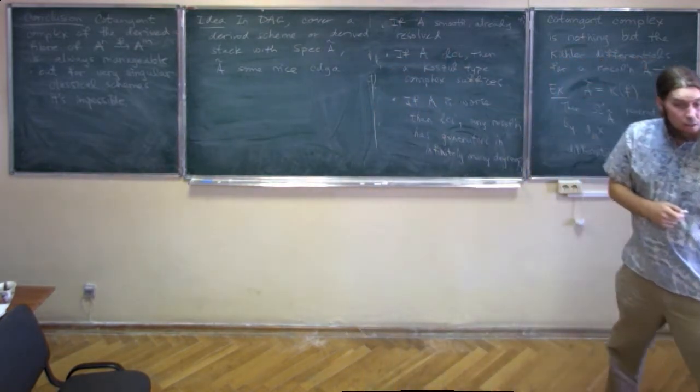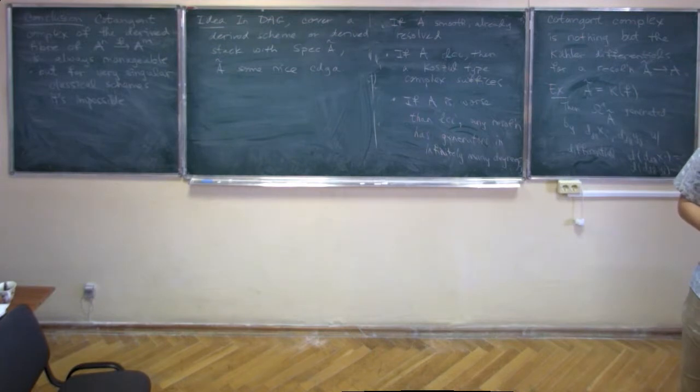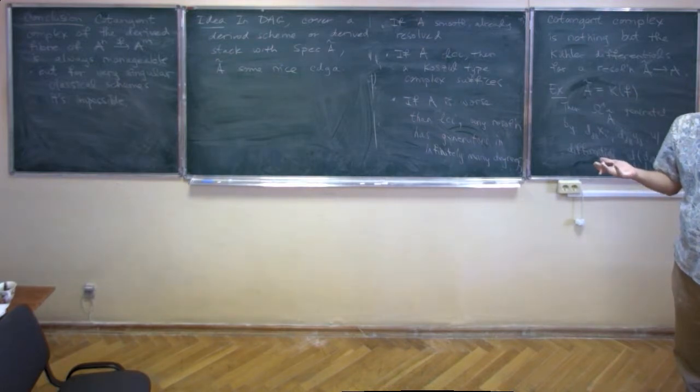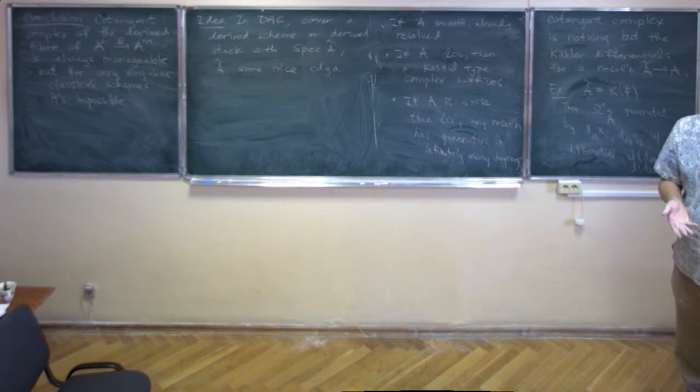Pardon? Yeah. So you have to choose a resolution, but this resolution will be infinitely long. And there are lots of choices involved, and the differential can be very complicated. And if I give you even something more classical and more finite, if I give you a randomly chosen vector bundle on some variety and ask you to control the sheaf cohomology.